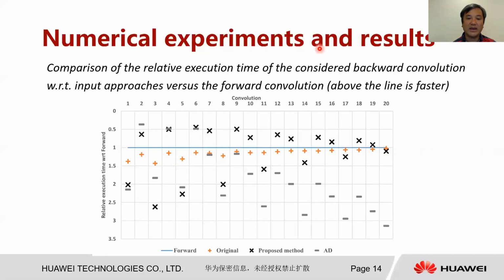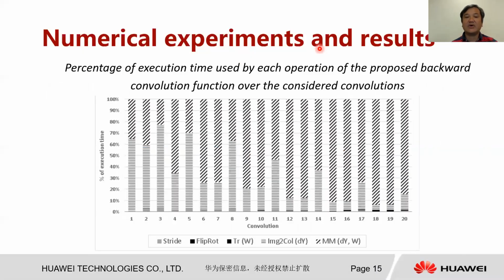For cases where the proposed method is not better than the original, it is expected, because when we look at the breakdown here, you can see that for some shapes the time required by matrix multiplication is a significant portion of the total. So there are places where the time needed by the matrix multiplications overrides the effect given by using the image-to-col.